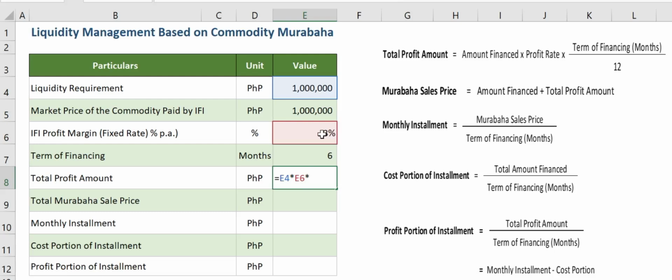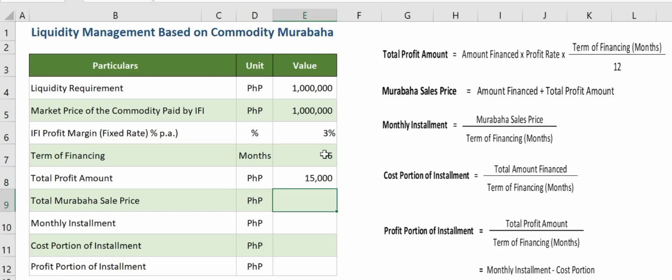In this case, the term of financing is 6 months, over 12. So the total profit amount for this commodity Murabaha, where the liquidity requirement is 1 million pesos, is 15,000 pesos.